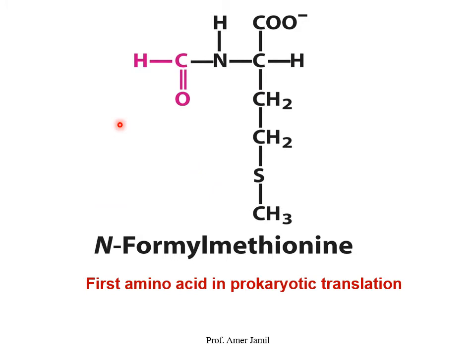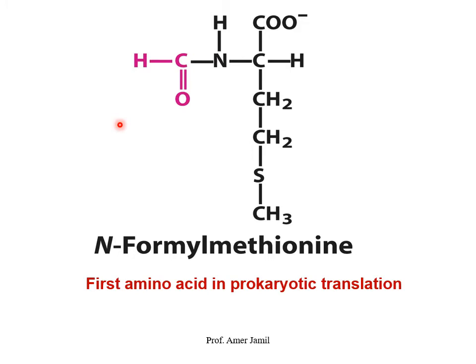Now that the activation of amino acids is complete, and we have seen how it takes place, comes the initiation of translation. The first amino acid that is added to the polypeptide chain is almost always methionine, whether in prokaryotic cells or eukaryotic cells.